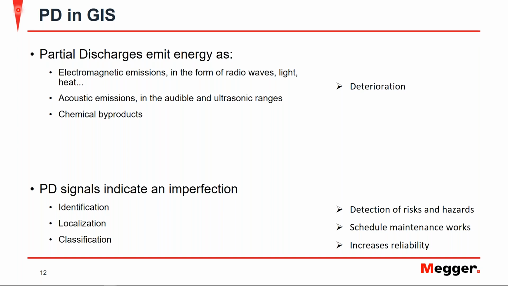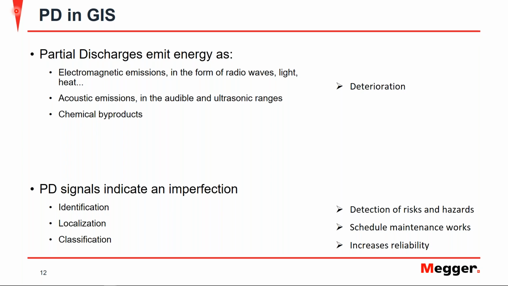So ultimately, all of these discharges lead to deterioration within your GIS system or your insulation system. Now, partial discharge testing can indicate an imperfection or a defect within the system.